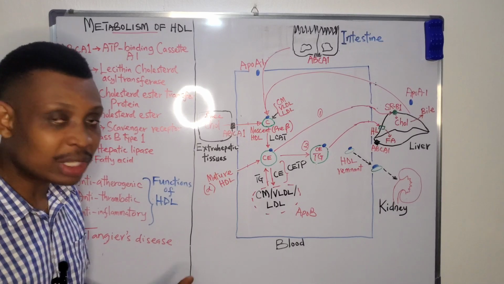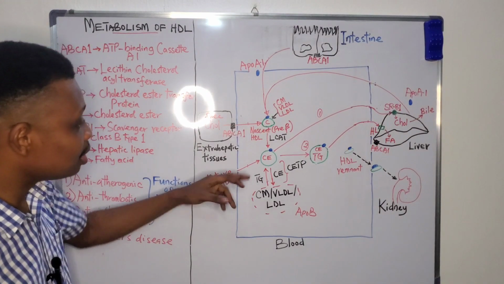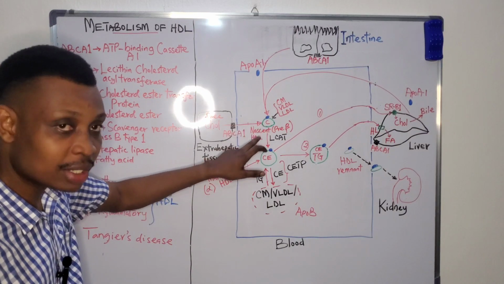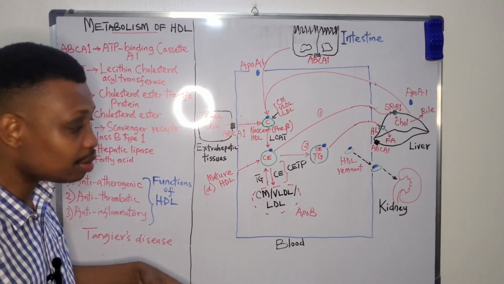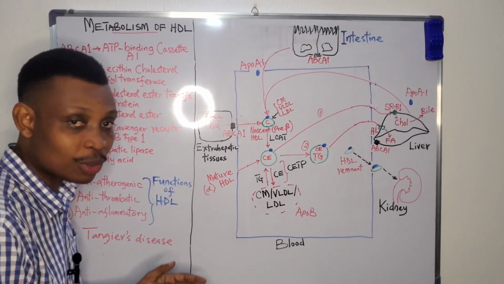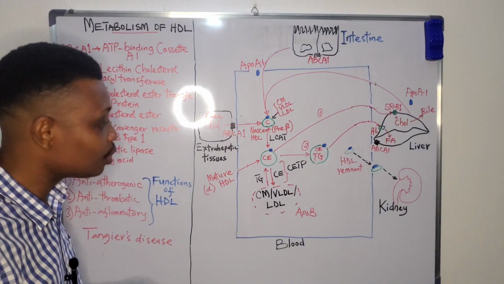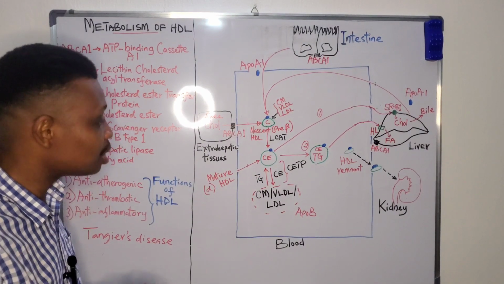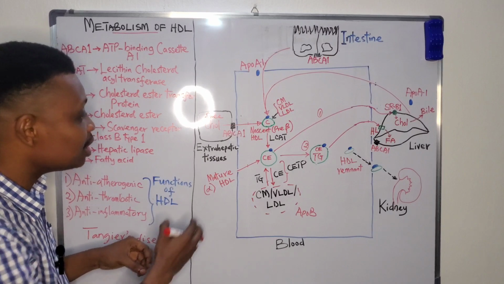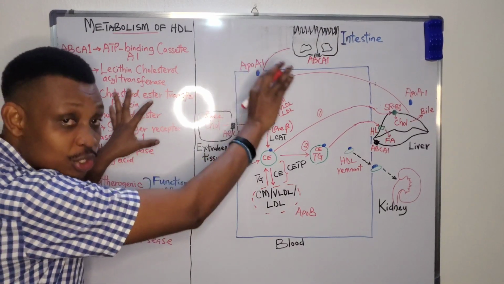I talked about an enzyme that converts this immature HDL to mature HDL by catalyzing the esterification of cholesterol. So if there is deficiency of LCAT, what it also means is there will be accumulation of these fats, the free cholesterol and phospholipids, in the various tissues.